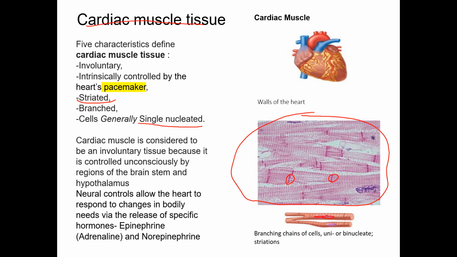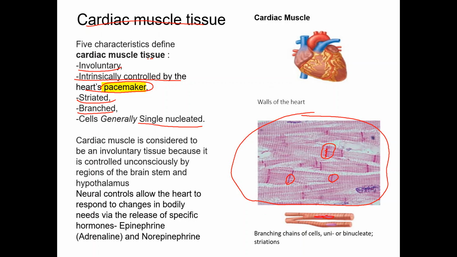I have it spelled in the next slide. These are very important areas, because we will see what we find in them in a minute. Cardiac muscle tissue is an involuntary type of muscle tissue, intrinsically controlled by the heart's pacemaker, as we will see. It's striated and branched.